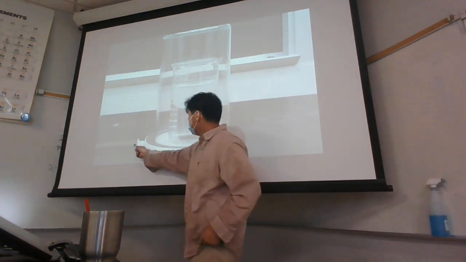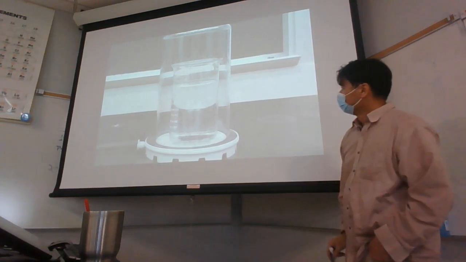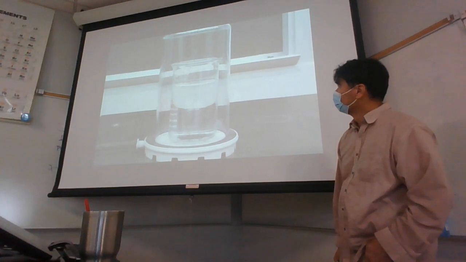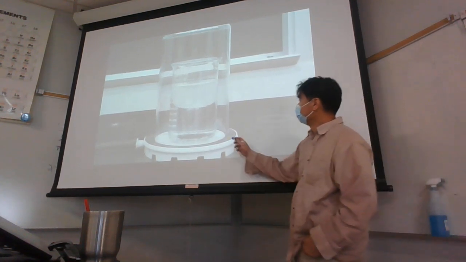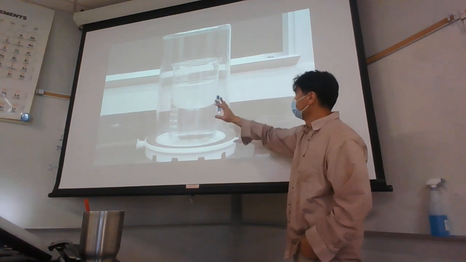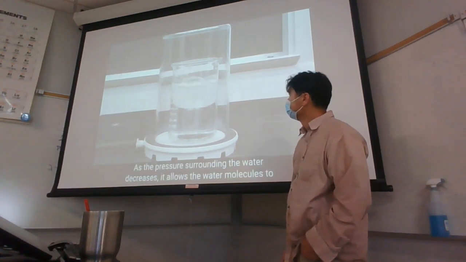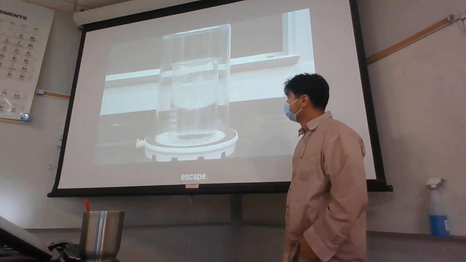Looks like we have a vacuum tube here. We're just going to suck the air out of here. You have to watch out for implosions. So usually you have an implosion or explosion shield. As the pressure surrounding the water decreases, it's easier for the water molecules to escape.